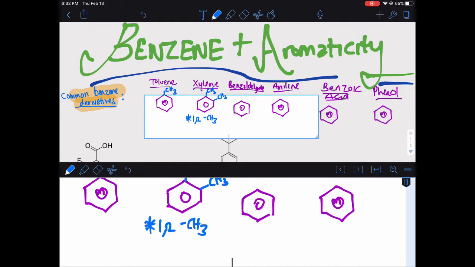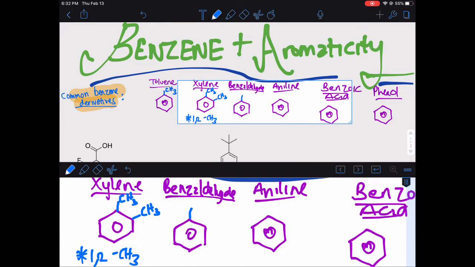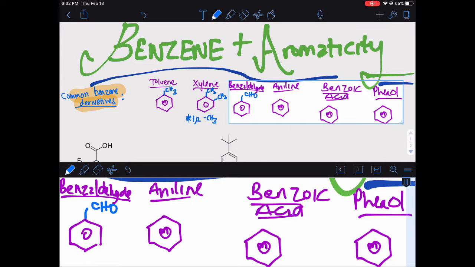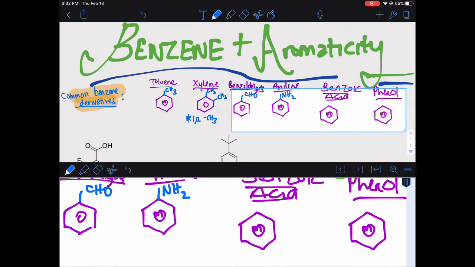Okay, and then benzaldehyde is a benzene with an aldehyde group, and then aniline is a benzene with an amine group. Okay, benzoic acid is a benzene with a carboxylic acid group. Phenol is a benzene with an OH group.